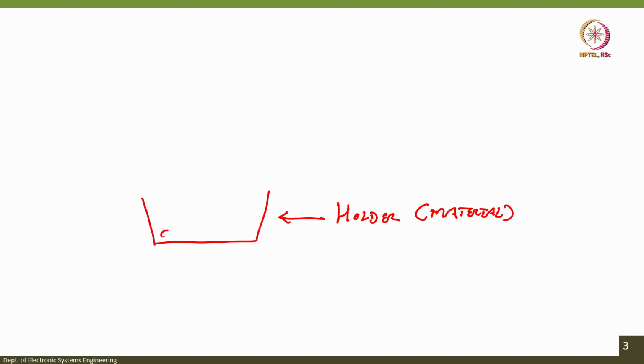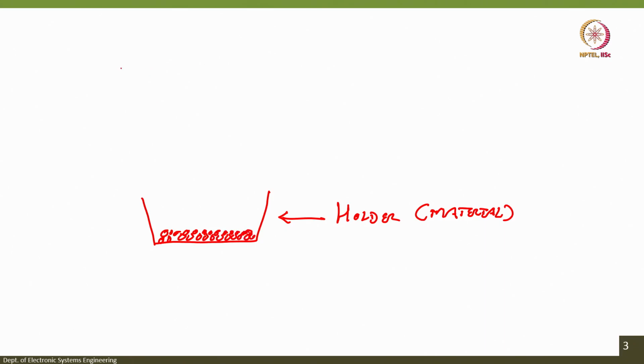So, you have a holder that holds the material, and in the holder you load the material.